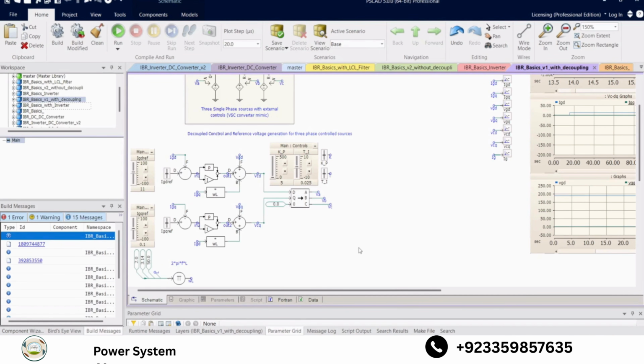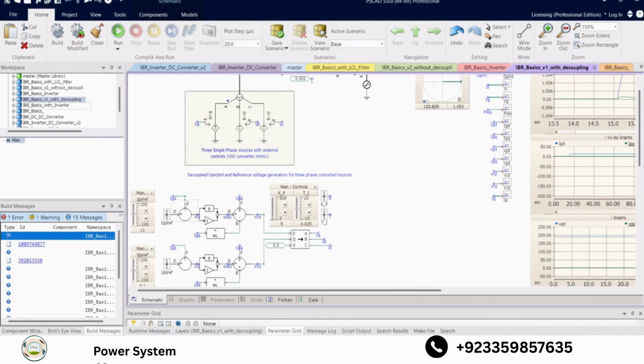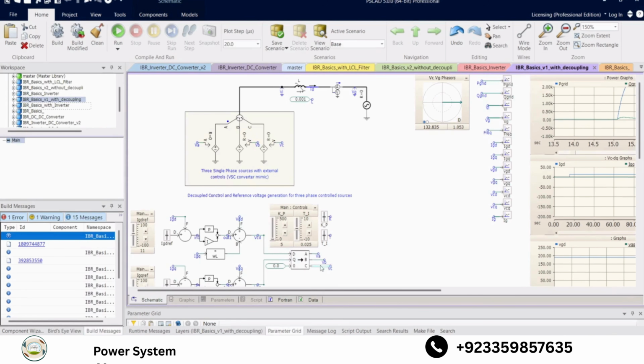As I explained earlier, I need a PI controller and this decoupling loop, and then whatever I get here, I reconvert into a three-phase signal through the inverse Park transformation. So I apply it directly to the three-phase sources. So we get a three-phase controlled voltage here. I can change the magnitude of these voltages and the phase of these voltages, and that's what we do using an inverter.